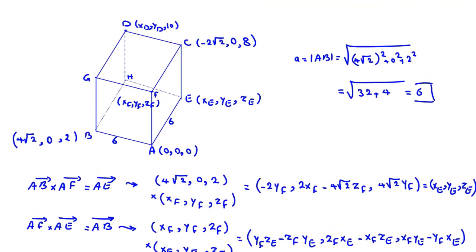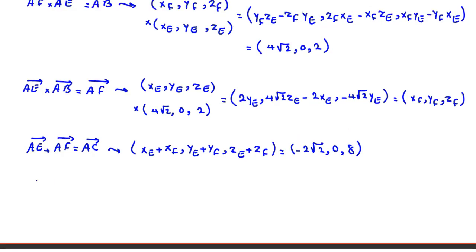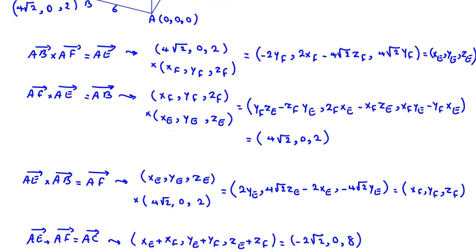AC is what? (2√2, 0, 8). Okay, let's write the things we have. XE plus XF equal to 2√2. YE plus YF equal to 0. ZE plus ZF equal to 8. And we want to use replacement to solve this.